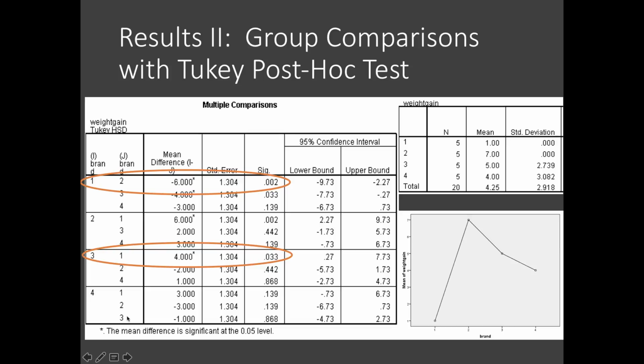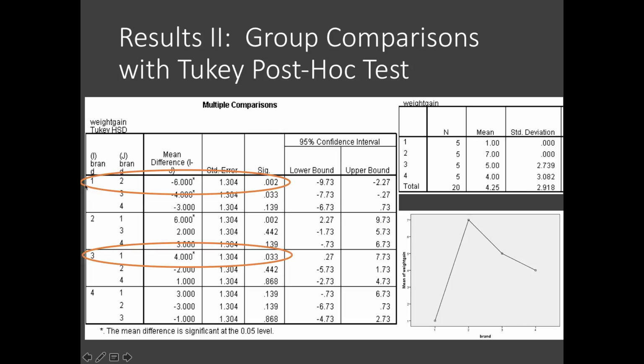So what we're going to look at first in this table is this significance column. So we skip over this mean difference and standard error. What we're looking to see is if there are any significant differences that are less than 0.05. So when we look down, we see that the first one is less than 0.05.